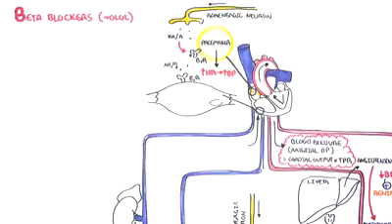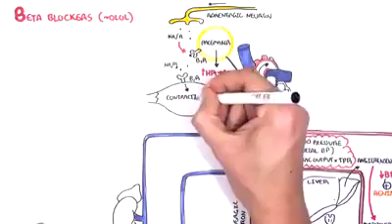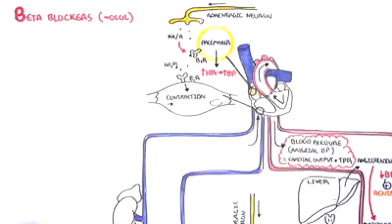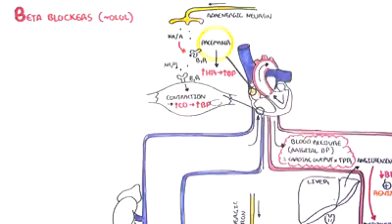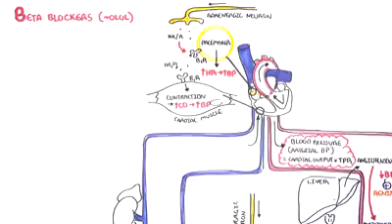So noradrenaline and adrenaline released by adrenergic cells of the sympathetic nervous system can stimulate the beta-1 receptors of the cardiac muscle cells, which will cause the cardiac muscle cells to contract stronger. To be exact, it will lead to a more powerful contraction. With a more powerful contraction, the heart is able to increase cardiac output. And because you're increasing cardiac output, you will increase blood pressure.